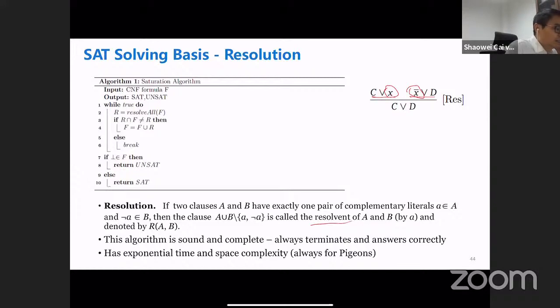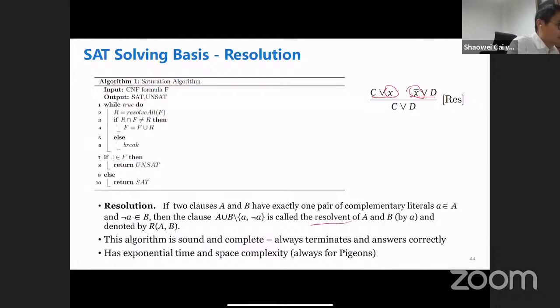And with this resolution rule, we have a saturation algorithm here. In each step, it finds all the pairs of clauses that can be resolved, and then adds the resolvent to the formula. This is performed iteratively until no more new clauses can be produced.